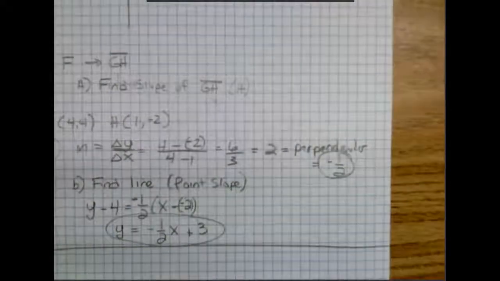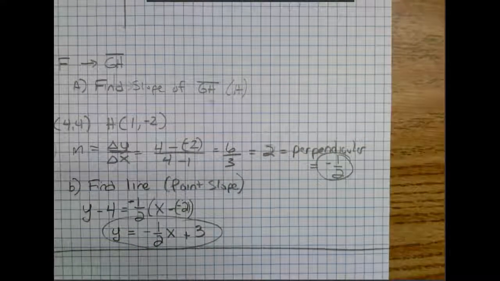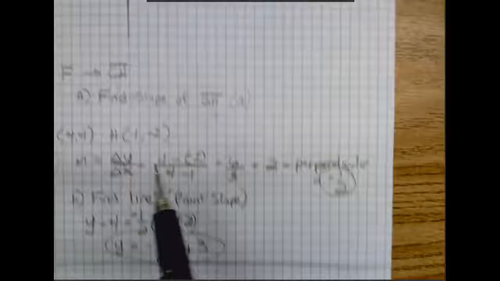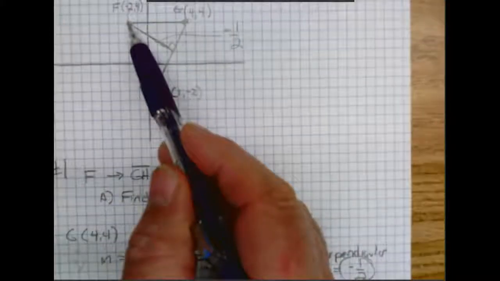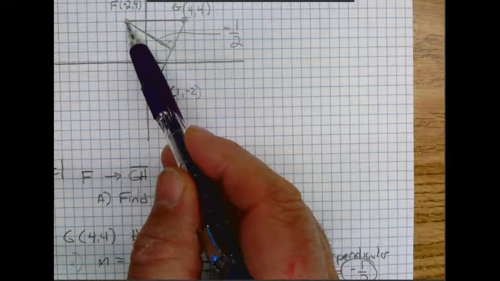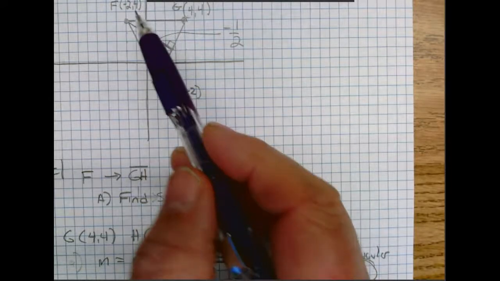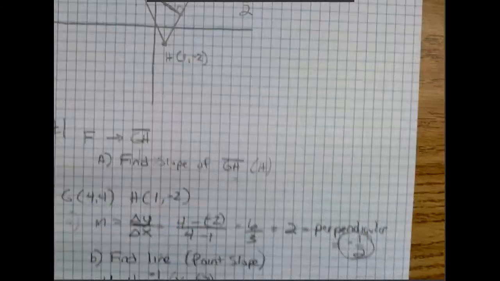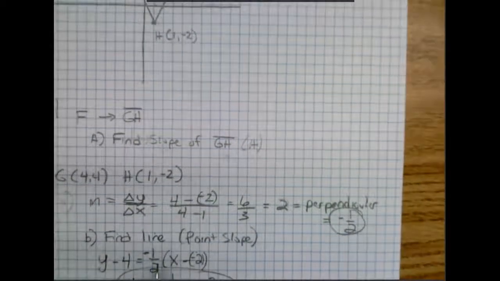To use point-slope form, we just need to know a point on one of these lines. Here we don't know the intersection point, but we know this endpoint, which is (-2, 4), and we can just plug that in.